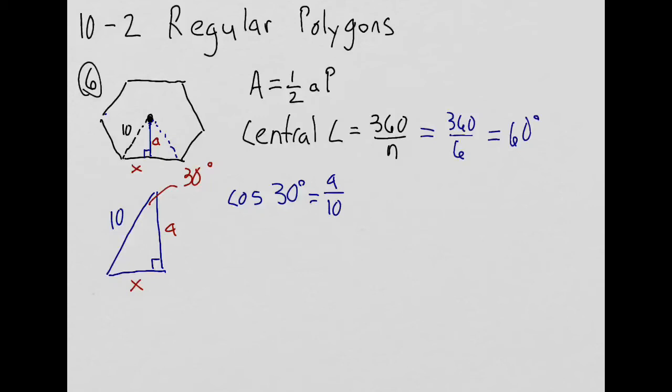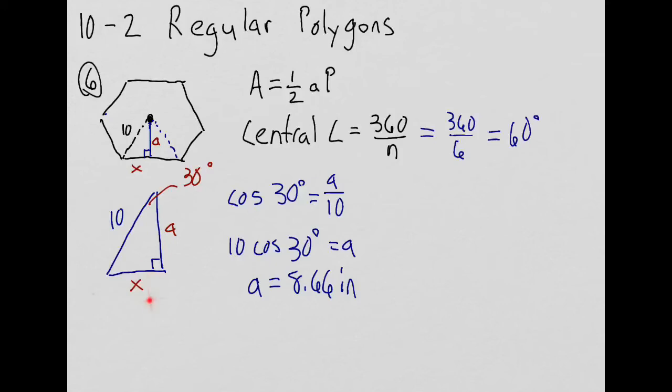So A is going to be equal to 10 times the cosine of 30, and you can work that on your calculator, and you should get about 8.66 inches.